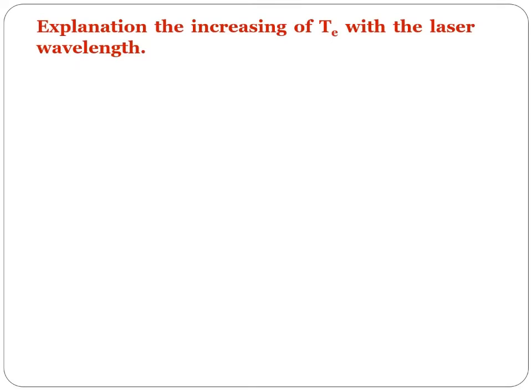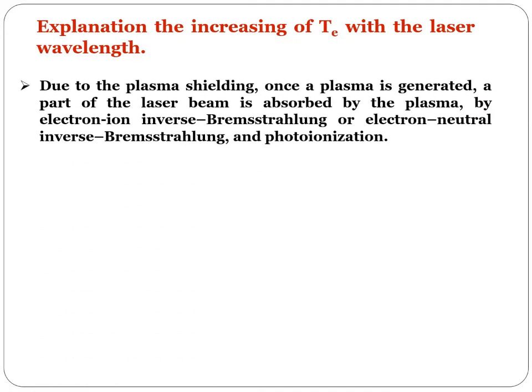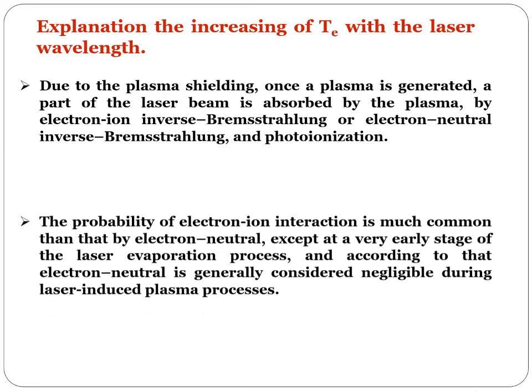Now we will try to understand why the temperature increases with the laser wavelength. In the beginning of the generated plasma, a part of the plasma can absorb the laser beam by electron-ion inverse Bremsstrahlung and photoionization.